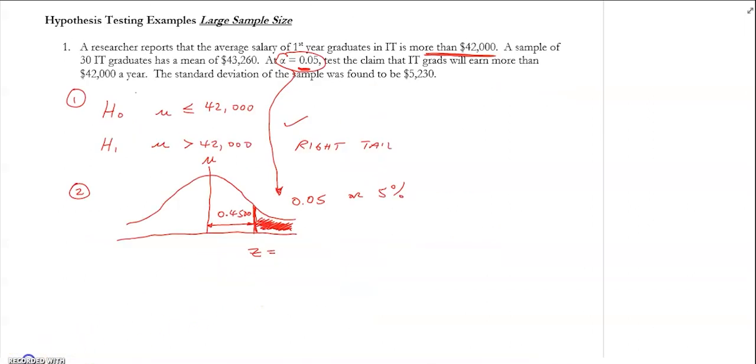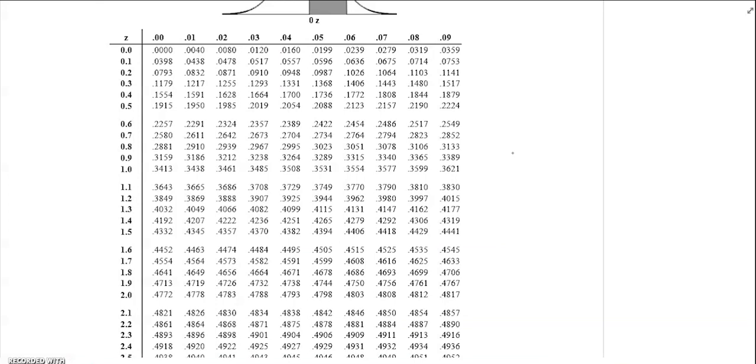And what does that give us? So in this case here, 0.4500 is right smack in the middle here. Now, what's preferable is that you actually go with the larger of the two values. It makes the standard better. So this gives us a value of 1.65. So our critical value is 1.65.